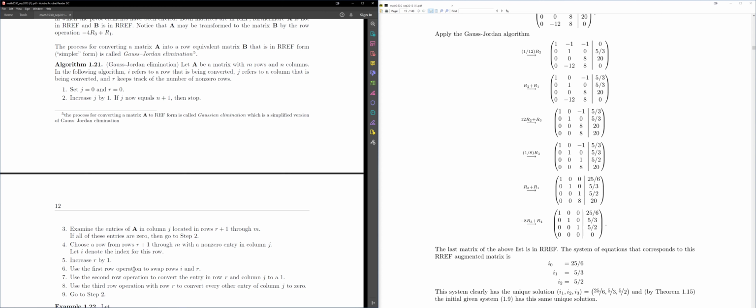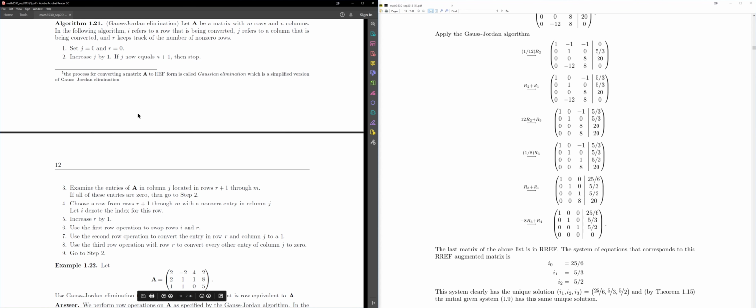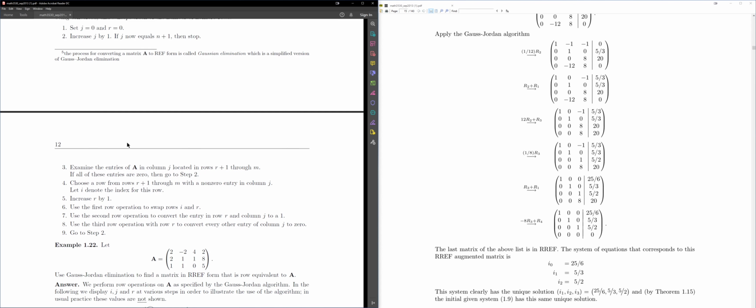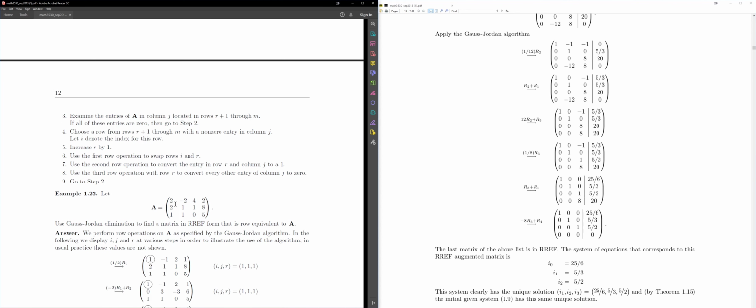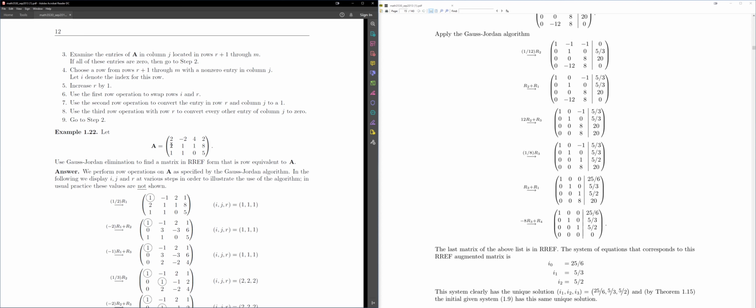There's a formal algorithm which you can actually implement in code, and this will work, but it's hard to do by hand where you're keeping track of the variables. So let me do an example and explain what the process is.